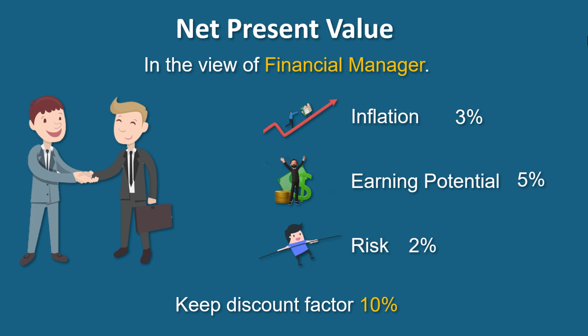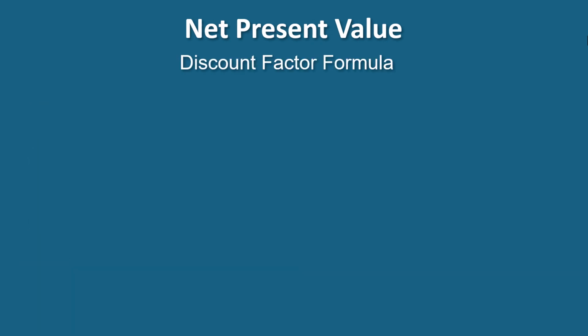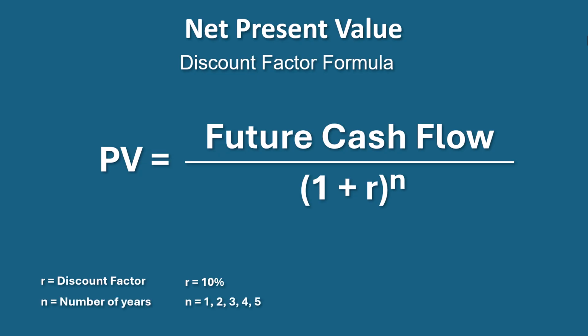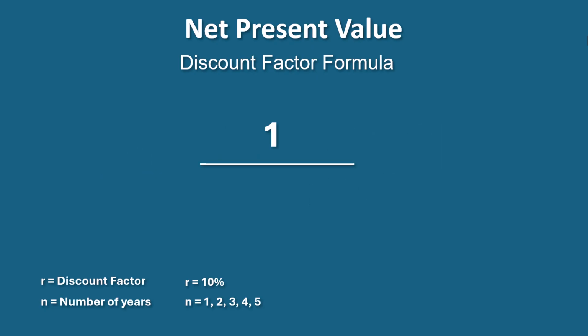To calculate net present value, or NPV, we need to discount each future cash flow back to its present value using the formula: present value equals future cash flow divided by (1 plus discount rate) raised to the power of the number of years. Alternatively, we multiply each cash flow by a discount factor, where the discount factor for year n is 1 divided by (1 plus r) raised to the power of n.